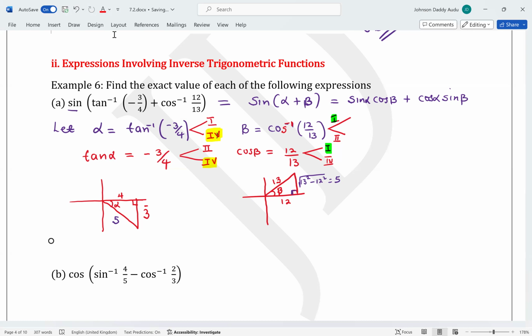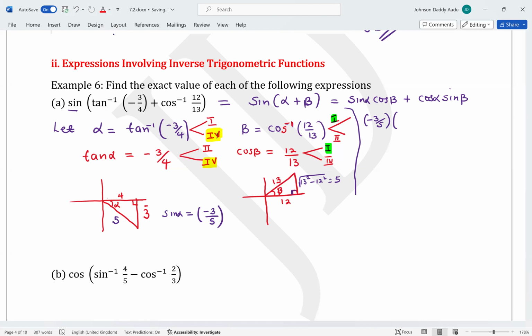So now we're back here. Remember, this is where we were after the substitution. So to finish, we need to get sine alpha. To get sine alpha, we have to come back here. You will see that sine alpha from here is -3 over 5. So we come back here, we add -3 over 5, which is sine, then multiply by cosine beta.